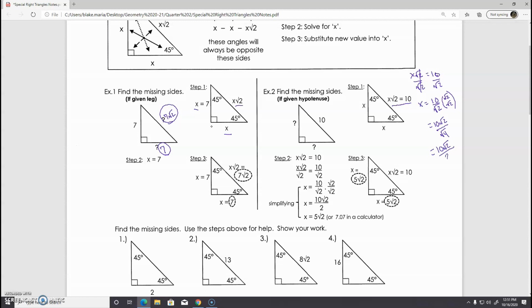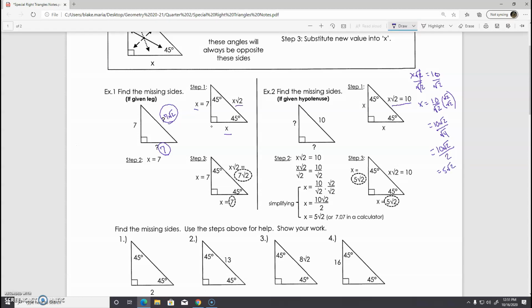Square root of 4 is 2. And then your last step, 10 divided by 2 gives me 5 root 2. So you know X is 5 root 2, and then you come back to your picture. So you know this side is 5 root 2, and you know this side is 5 root 2.